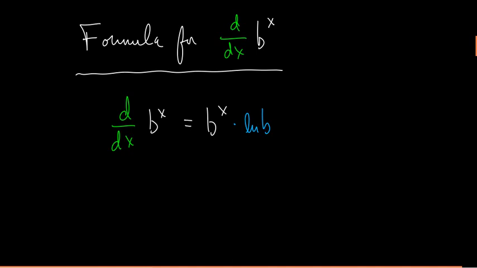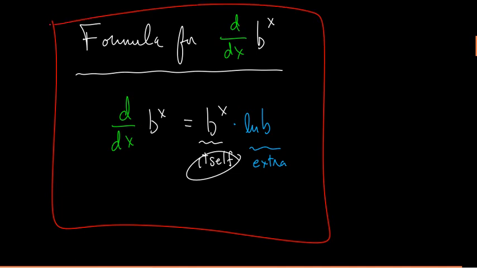So how does that go again? The derivative of b to the x is itself, and then a little bit of extra, times ln b. So whenever you take the derivative of b to the x, it's always itself times ln of the base. And that's it. It's just that formula. Pretty simple to remember.